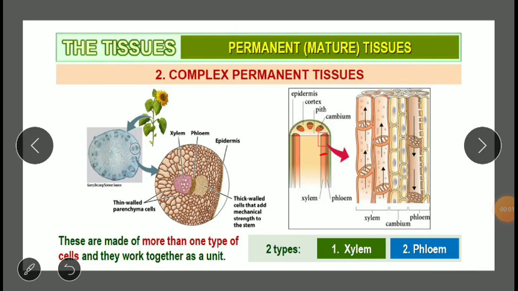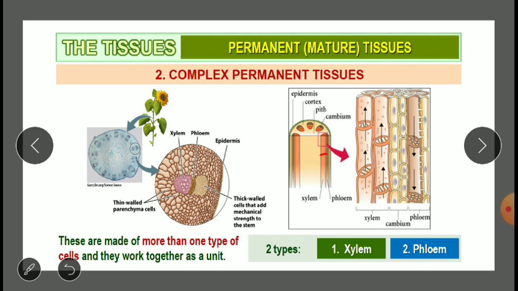Hello dear students. In my last video, we started with chapter number 6, anatomy of flowering plants, from unit 2, structural organization in organisms. We finished with the meristematic tissues and then we started with the permanent tissues.